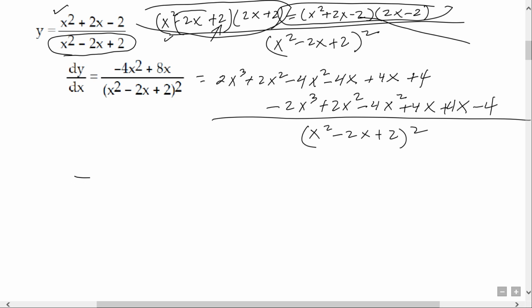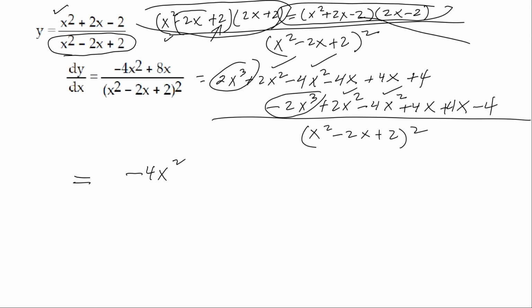And now we simplify this. And notice that we have 2x cubed minus 2x cubed cancel out. And 2x squared minus 4x squared is minus 2x squared. Plus 2x squared is 0. And then the minus 4x squared gives us all our x squared. So we have a total of minus 4x squared.